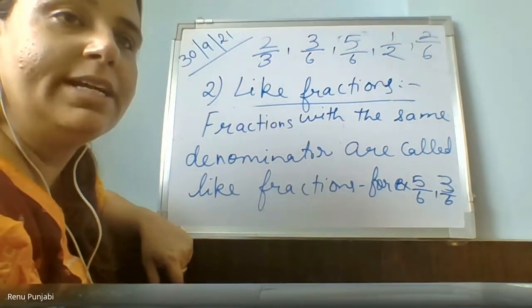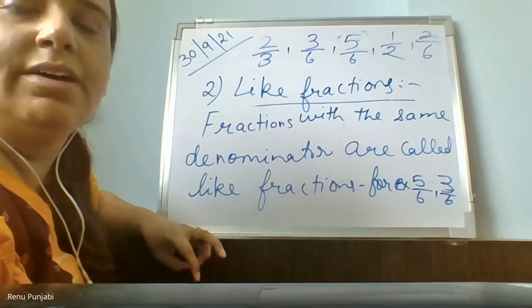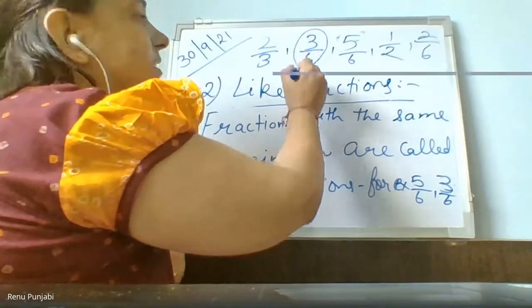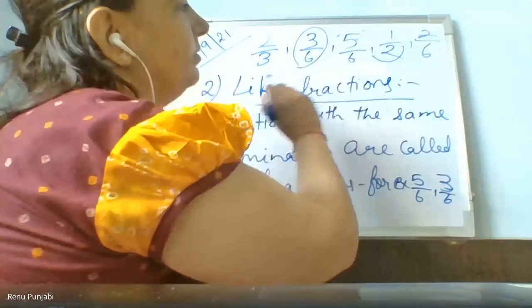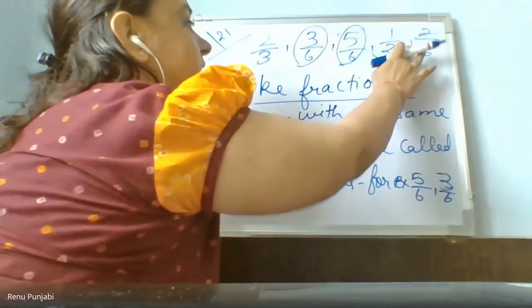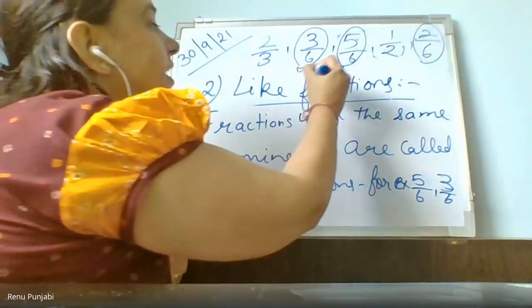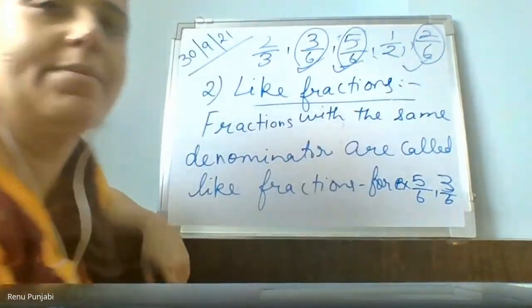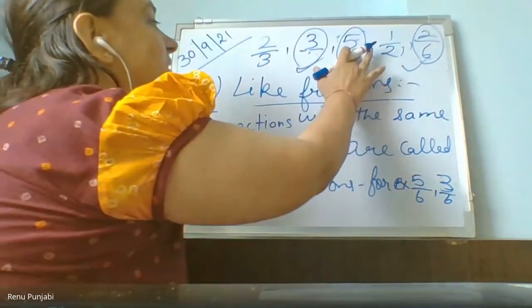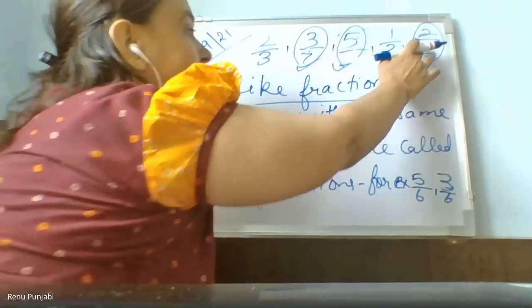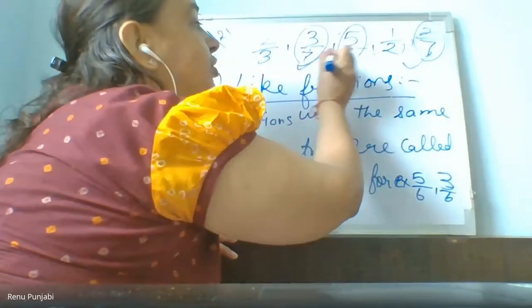Yes, Dev Patel. Ma'am, 2/6, 3/6, 5/6 are the like fractions because the denominator is same. It can be 7 also. It can be any number in the denominator, but it should be similar.